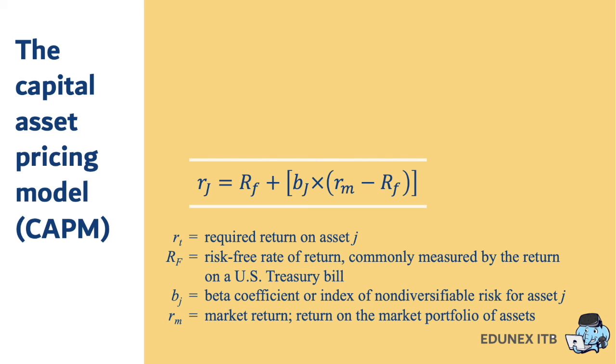Bj is the beta coefficient, or index of non-diversifiable risk, for asset j, and Rm is the market return. Market return minus the risk-free rate is also called the market risk premium, because it represents the premium the investor must receive for taking the average amount of risk associated with holding the market portfolio of assets.